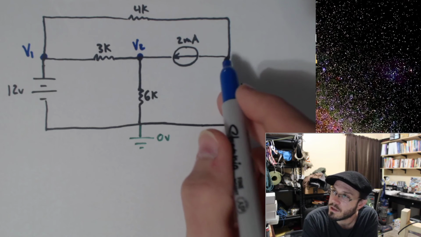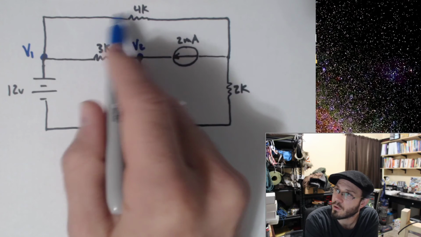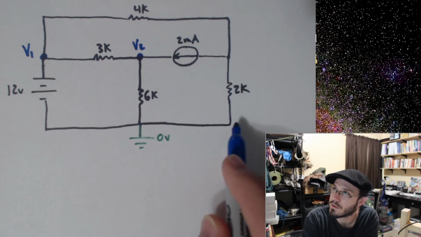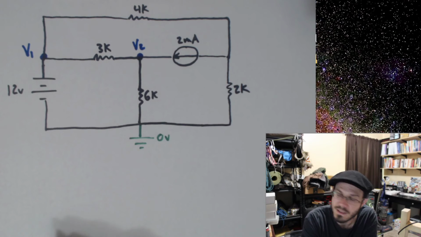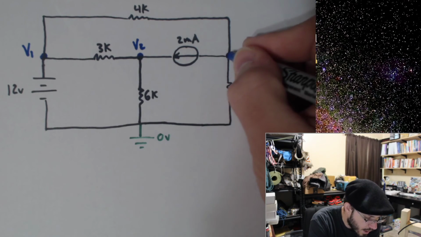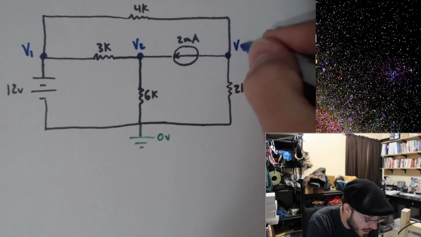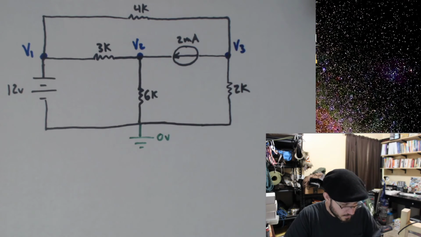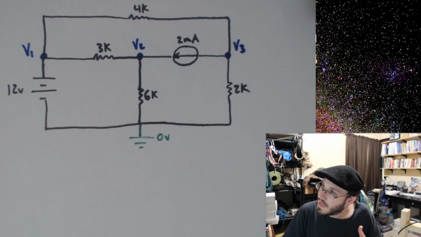Okay, this over here is going to be a different voltage. We have a current source here and a voltage drop across this resistor and this resistor. So this is the last place that we need to assign a non-reference node voltage, and I will list that as V3. Okay, perfect. That takes care of step two.